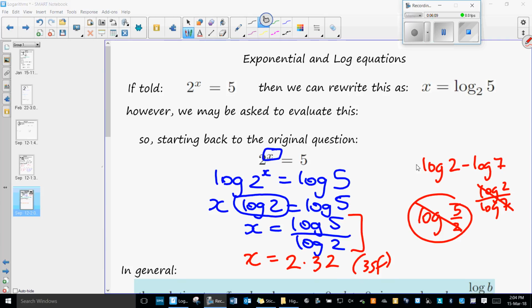Log A over log B would be the same as log base B of A. We've got log 5 over log 2 equals this.